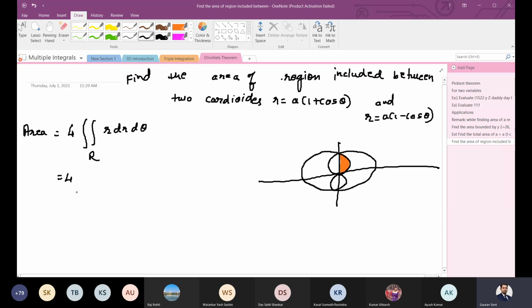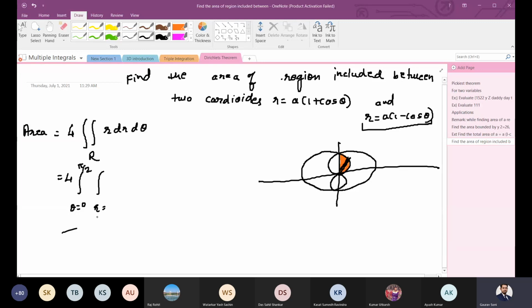So that will be 4 times integration. Theta is running from 0 to pi by 2. R is running from the origin to this curve. This curve is the cardioid opening towards negative, 1 minus cos theta. Are you sure? Yes.